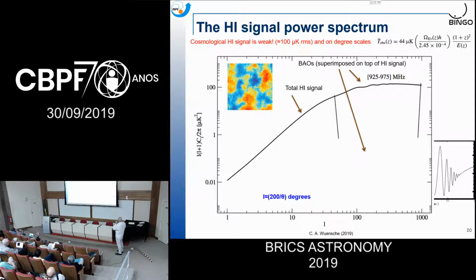This is in the back, should be in the front, but these are small fluctuations that are superimposed on the fiducial H1 power spectrum, and come with very, very small amplitude, and that depends on the frequency range that you're measuring, frequency as a radio frequency.